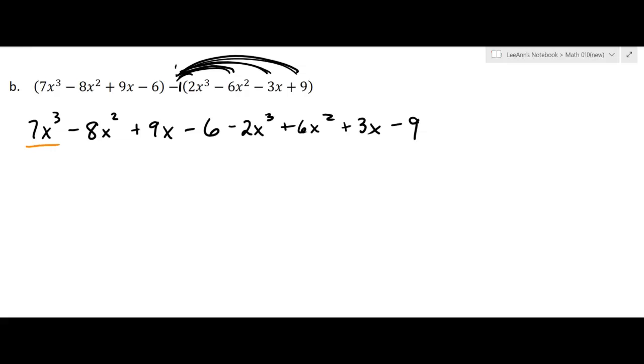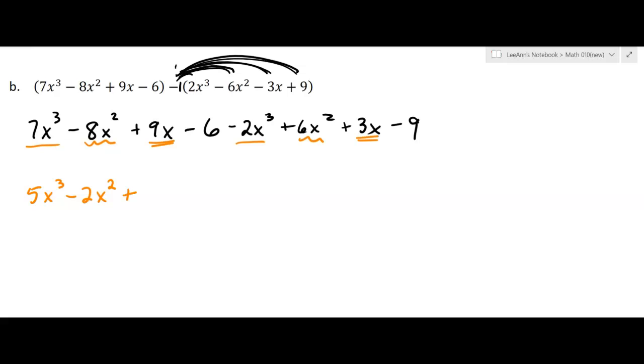I'm going to look for x cubed terms and combine those. That's going to be 5x cubed. And then I'm going to look at x squared terms and combine those. Negative 8 and 6, that's going to be a negative 2x squared. Notice it stays in x squared. You're just like counting up how many x squareds there are. Okay, a 9x and a 3x.